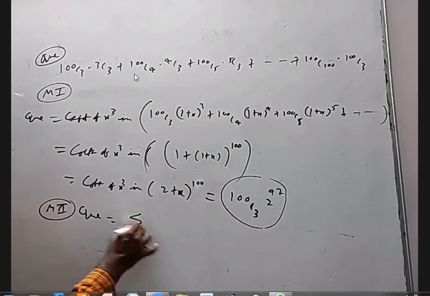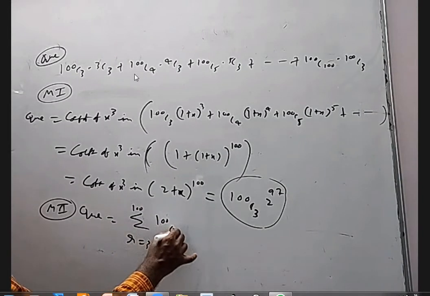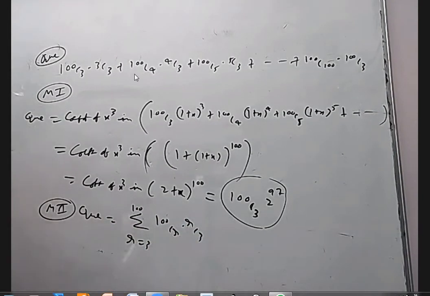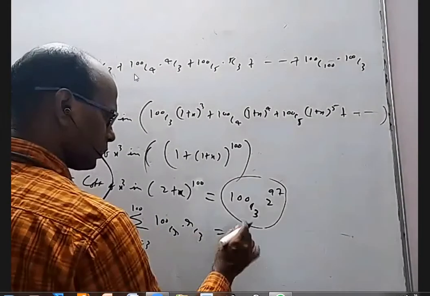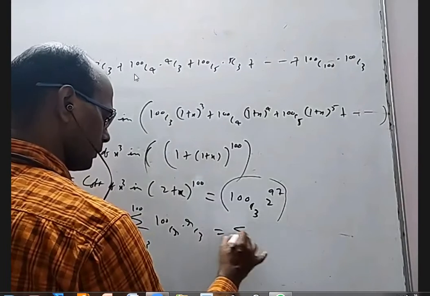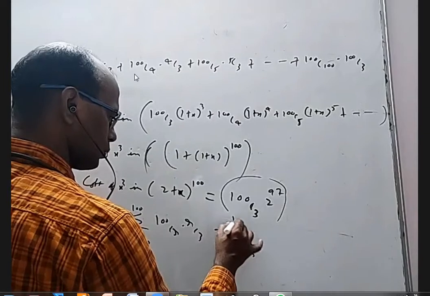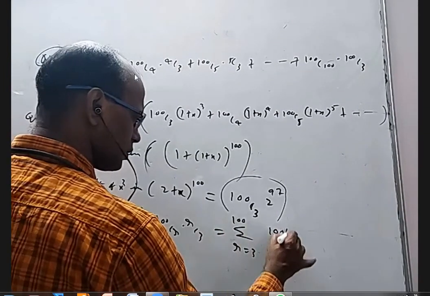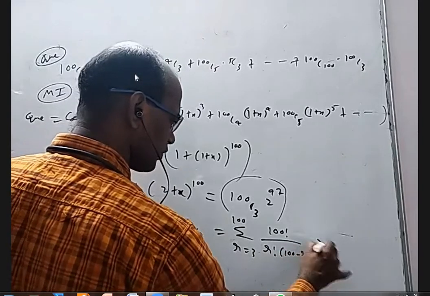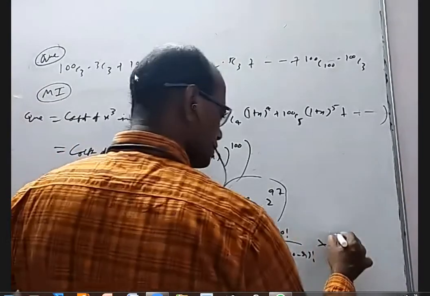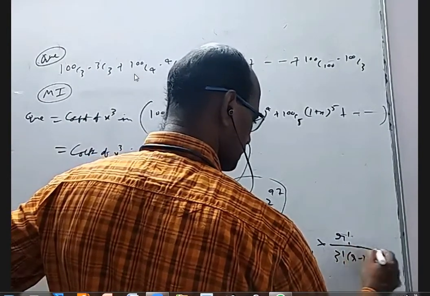The question can be written as sigma r equal to 3 to 100, 100 CR into RC3. One time this is 3, one time 4, one time 5, and so on. This can be rearranged. Sigma R equal to 3 to 100. 100 CR is 100 factorial by R factorial into (100 minus R) factorial. And RC3 is R factorial by 3 factorial into (R minus 3) factorial.